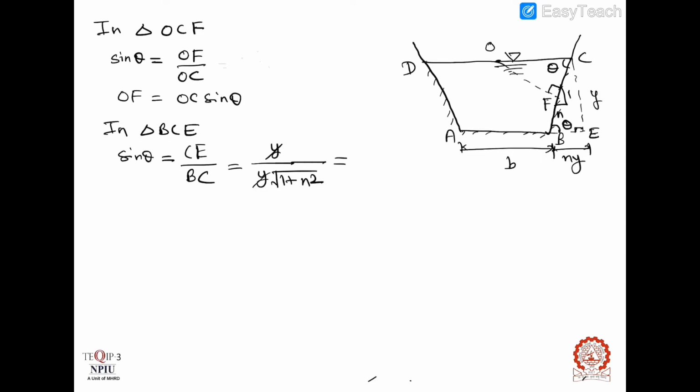Perpendicular divided by hypotenuse. This y will cancel out. This will become 1 by root over 1 plus n square.